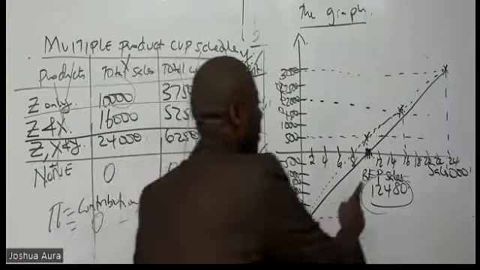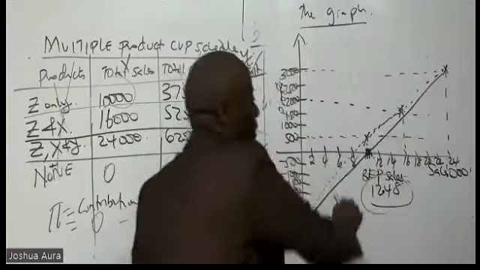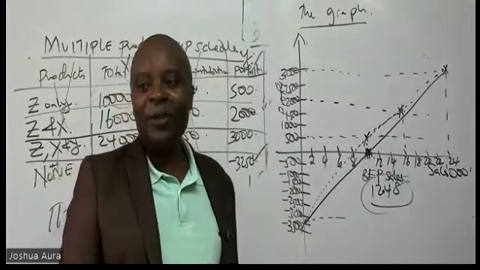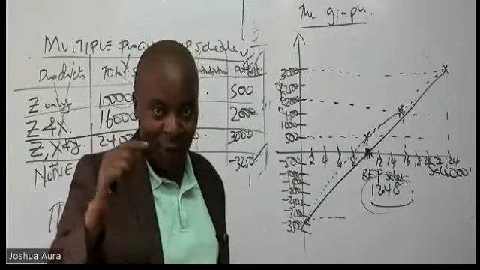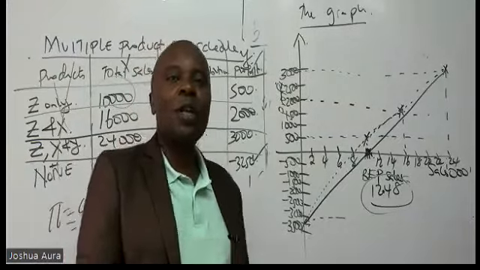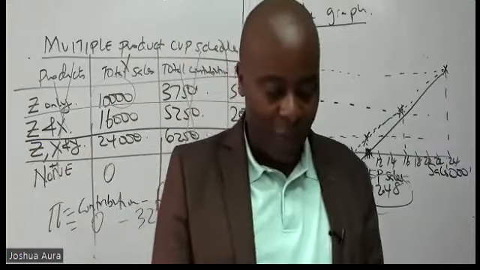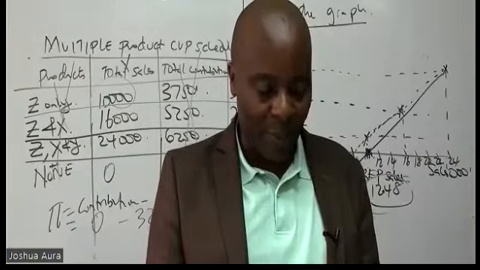You will tell the examiner that you got 12.48 because these figures are in terms of thousands. That's how you cheat the examiner. You got 12.48 as that intersection. That intersection must be exactly equal to the break-even point.